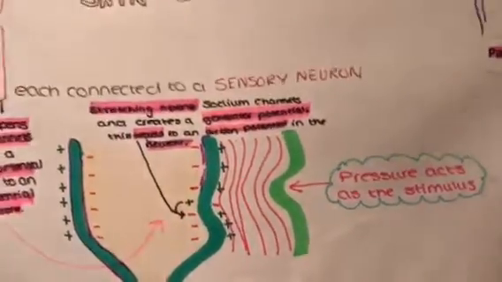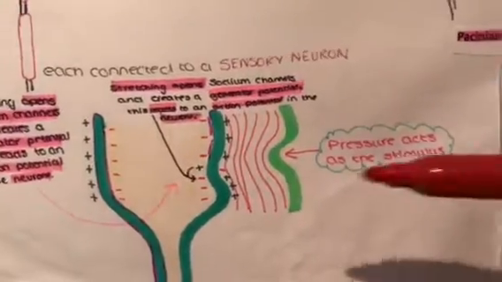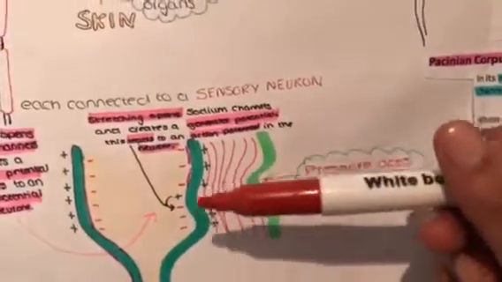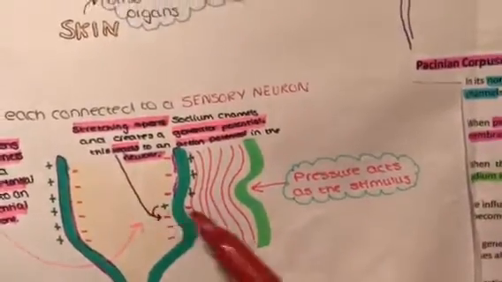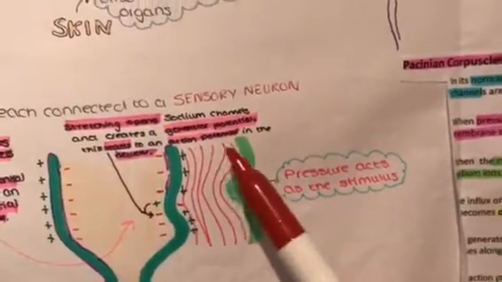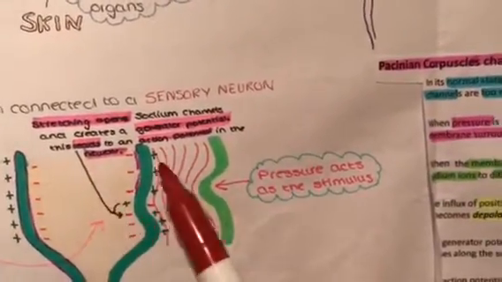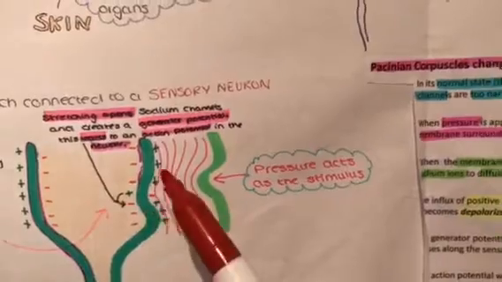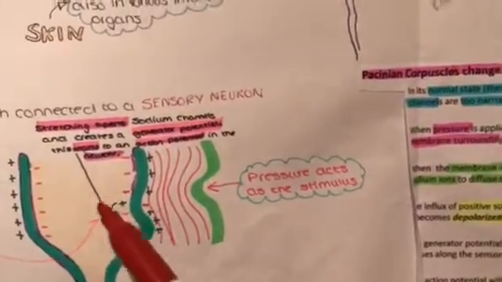So when there's pressure applied here, in this direction, it changes the distortion, changes the charge on this bit, and therefore generates a potential. This leads to an action potential in the neuron. So this then causes that to become positive as well.